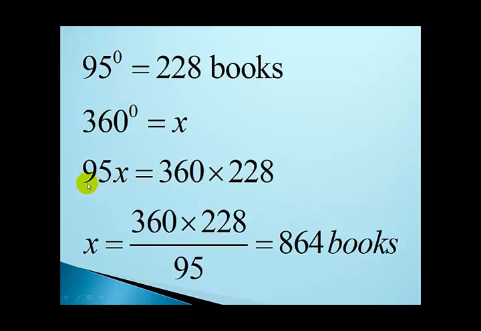When we divide 95x by 95, the answer is x. And when we divide the right hand side by 95, we have 360 times 228 divided by 95, and the answer is 864 books. That means that the total number of books borrowed is equal to 864 books.